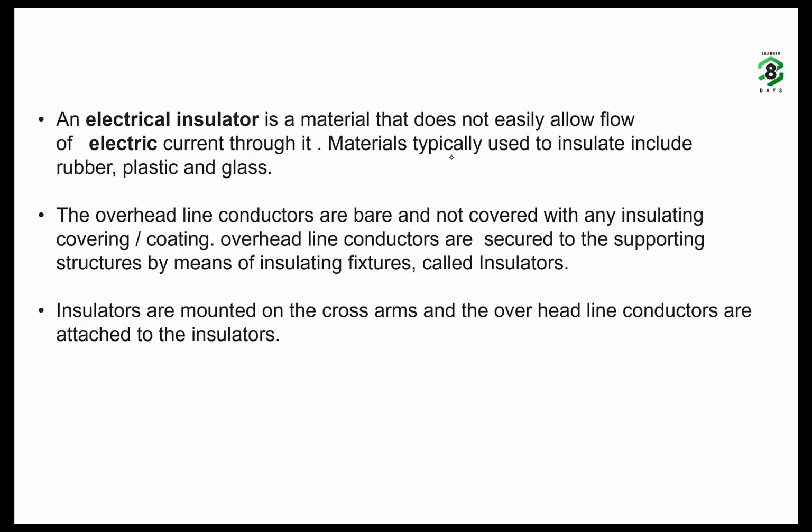However, when these transmission lines are housed at supporting structures like towers, they require insulators between the metallic structure and the conductor. Because they are at very high voltage, we have to provide insulation between the transmission conductor and the supporting structures. That is the main role of the insulators.